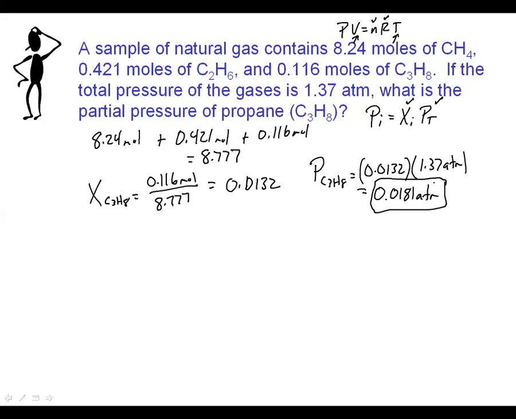We could also do all the other ones as well. We could get the mole fraction of ethane. We could also get the mole fraction of methane. And again, it would be done very similarly. For example, the mole fraction of ethane, which it didn't ask for here, is 0.421 moles divided by the total moles.